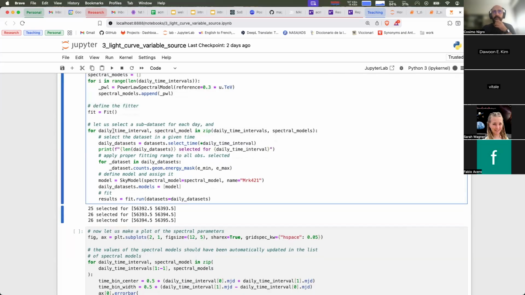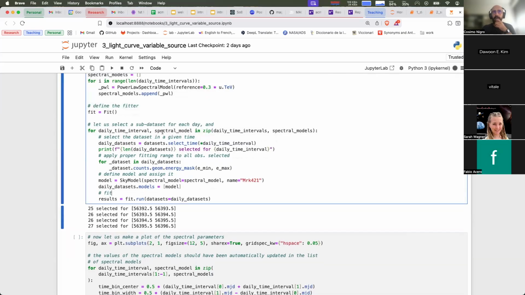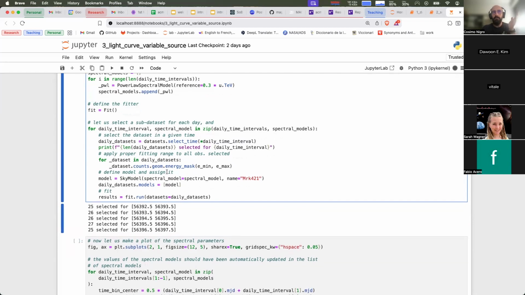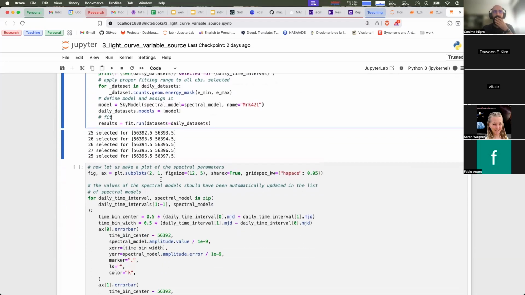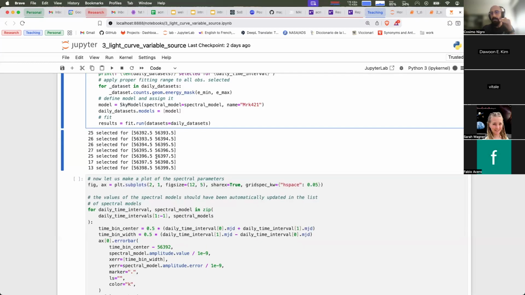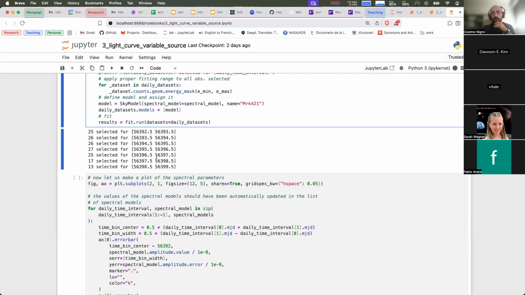So basically, I take in parallel one daily time interval and one spectral model, and I run the fit. At the end, I get a list of spectral parameters for each day, okay? So I should get 10 power law spectra adjusted to the dataset in each of the days.